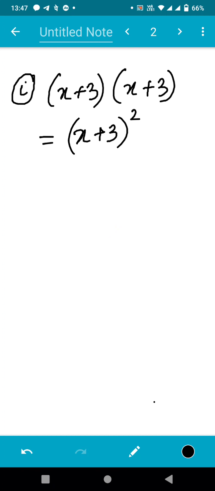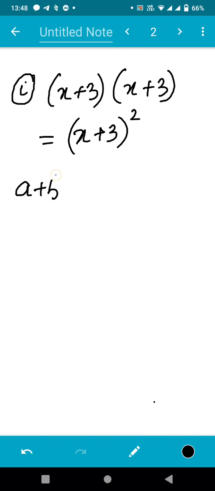Okay. Now if we have to do the product of this particular form, that is (x plus 3) whole square form, which identity will we use? Now carefully observe this. This is in the form of (a plus b) whole square. So since we'll use the (a plus b) whole square identity, you have to also mention the identities.